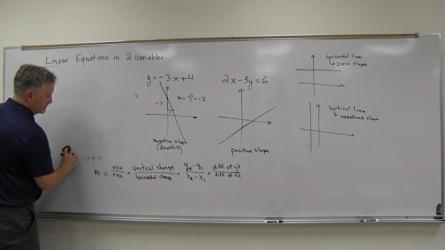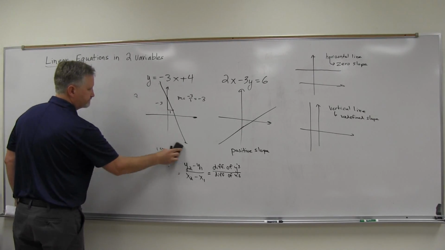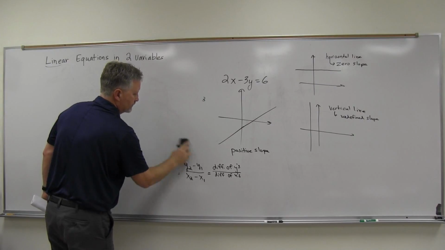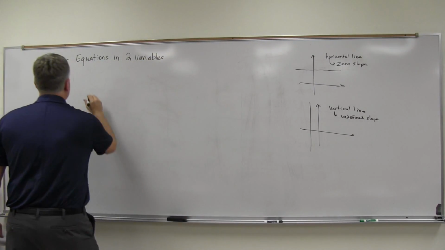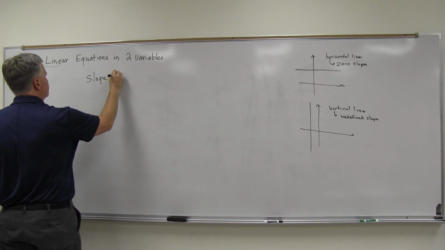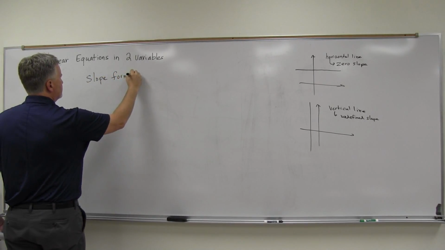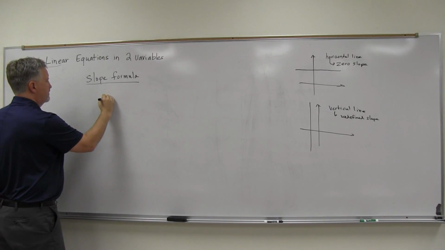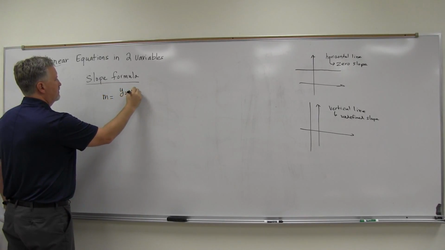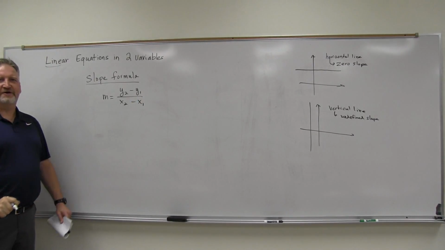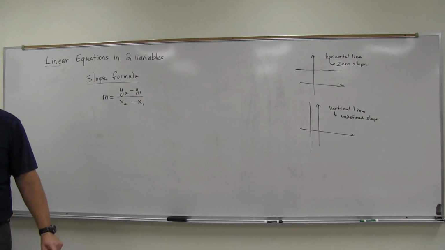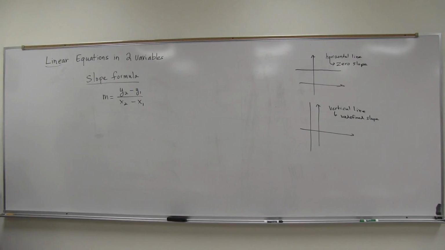Be sure you can work with that. Usually we just remember that m equals y2 minus y1 over x2 minus x1, but we'll officially call that the slope formula. So if I refer to the slope formula, that is what I mean.